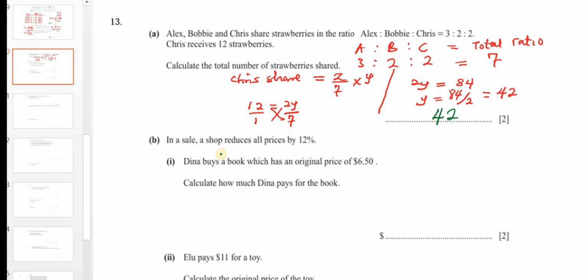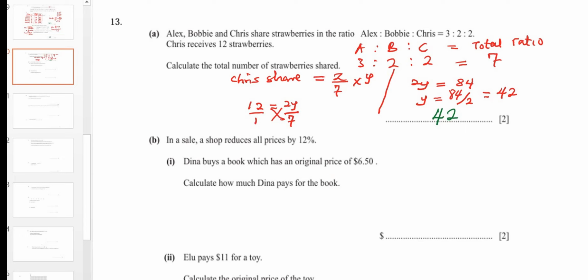Most of the time, maybe you are paying cash, or you want to buy much from them, so they can give you discounts. So they said Dina buys a book which has an original price of $6.50. Calculate how much Dina pays for the book.